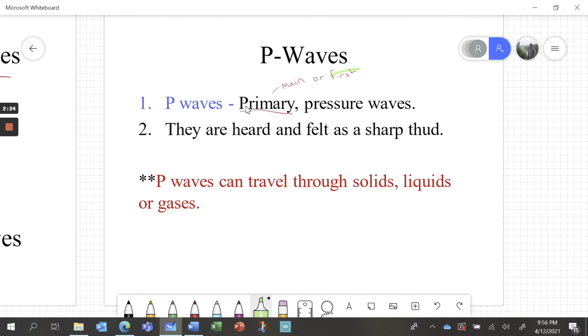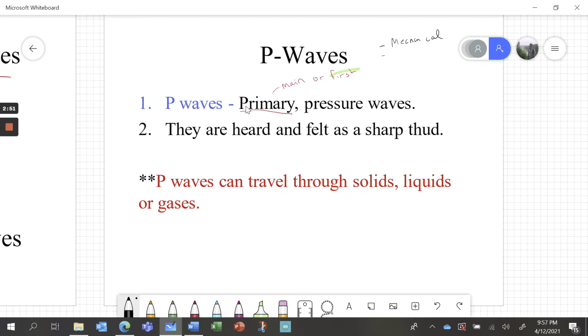So remember, these seismic waves are traveling through the earth. So they are mechanical waves. They move the actual matter of the earth, like the whole earth is moving, right? So things to note, they are mechanical.